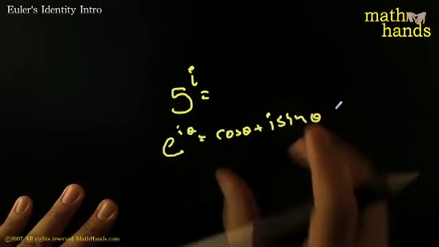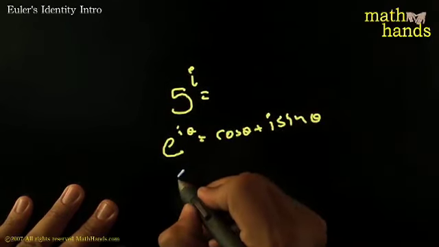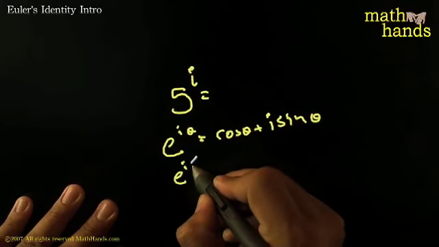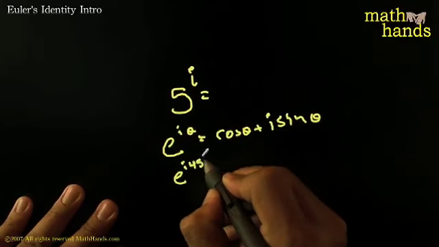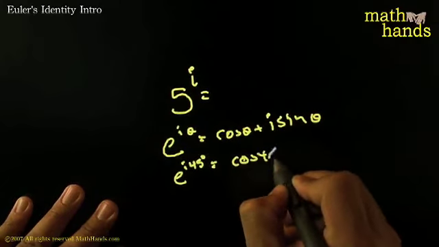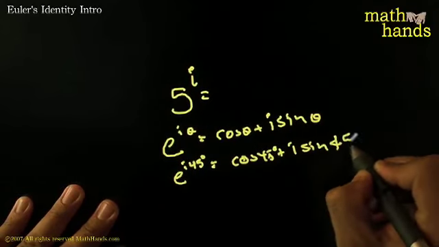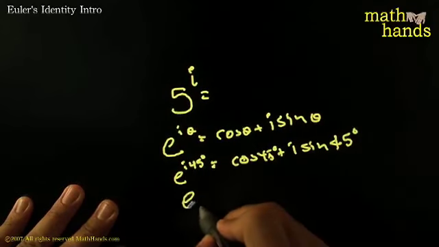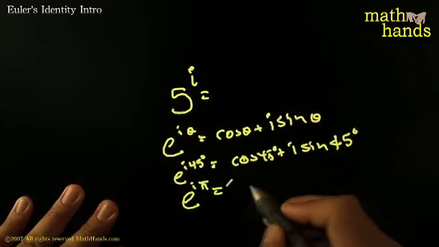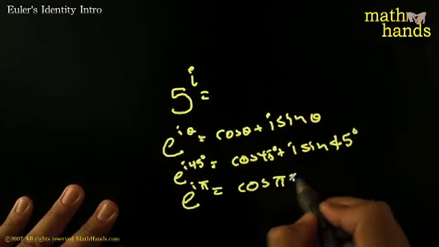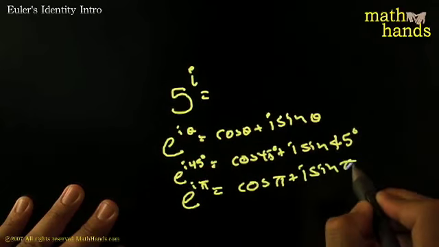And so you could play that game for any real angle theta. So that means e to the i 45 degrees is equal to cosine of 45 degrees plus i sine of 45 degrees. Radians, no problems. e to the i pi would be equal to cosine pi plus i sine pi.